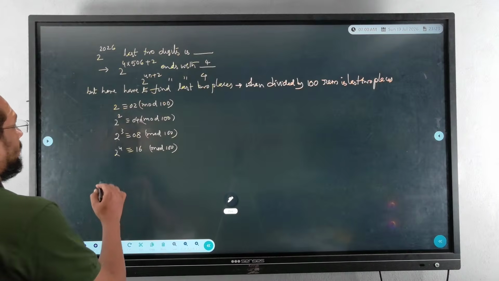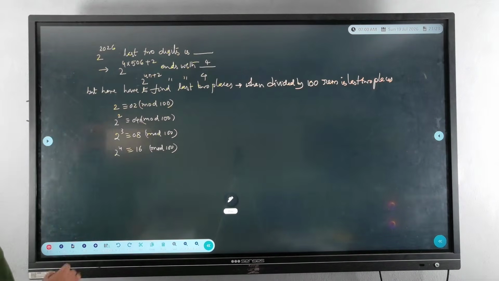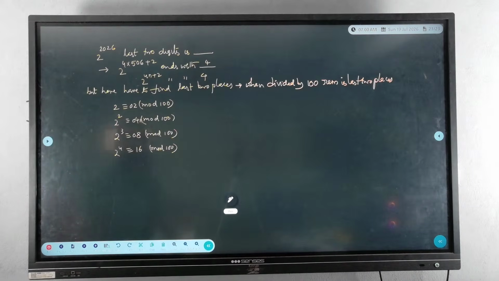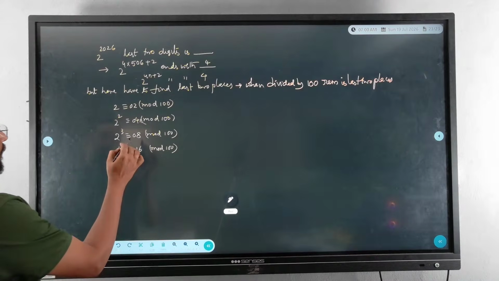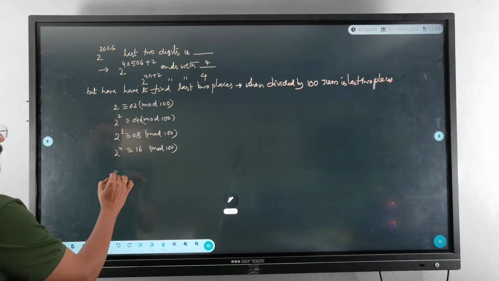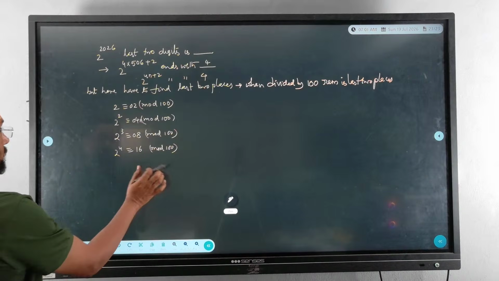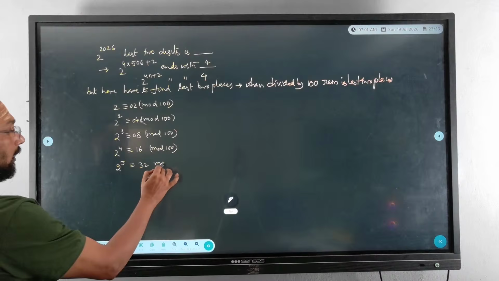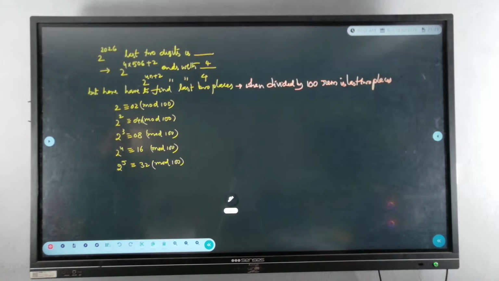So how can we conclude these results? 2 power 5 congruent to 32 mod 100. By using these results, we can raise the powers.